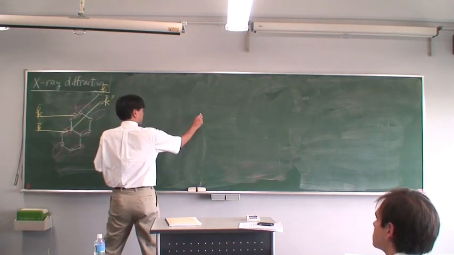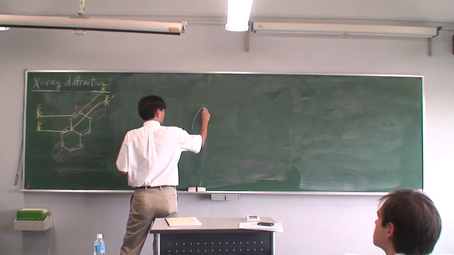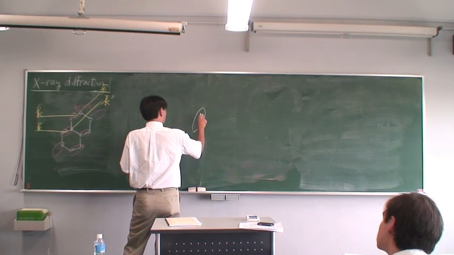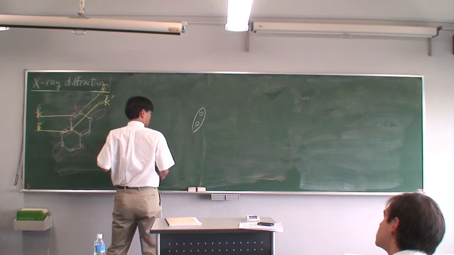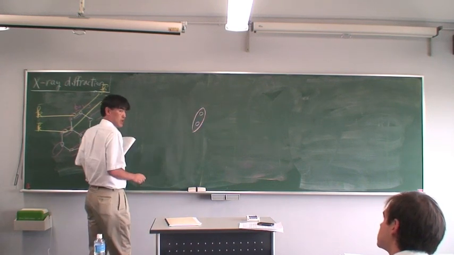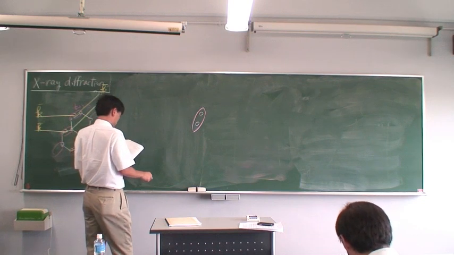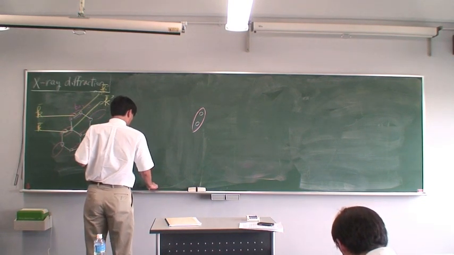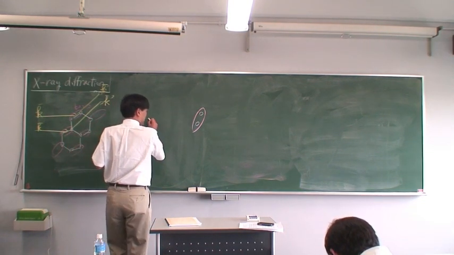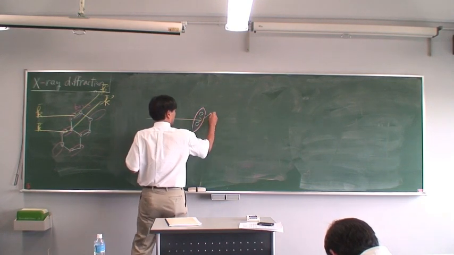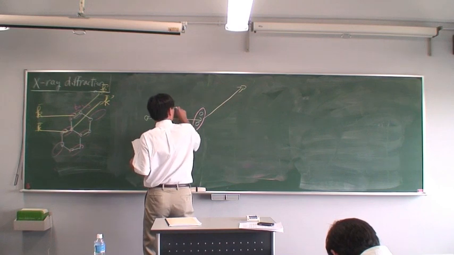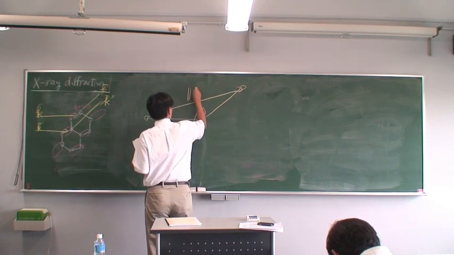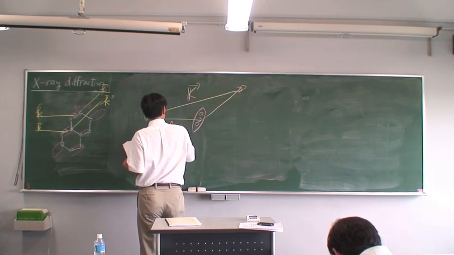So let's think about diffraction by bases having two atoms. Basically, the condition is that this and this should be K prime, right?